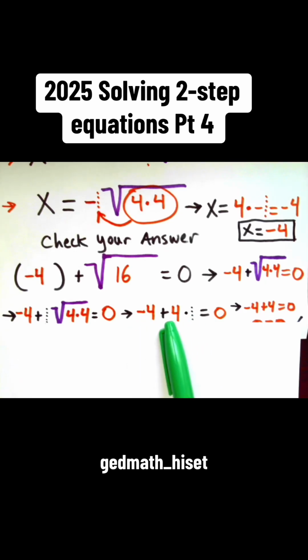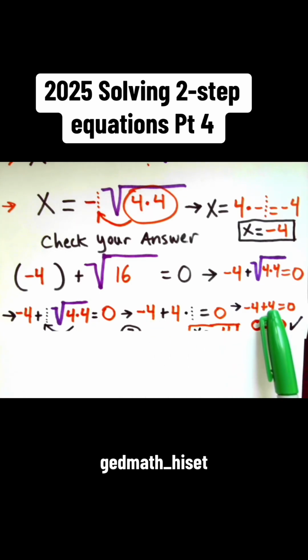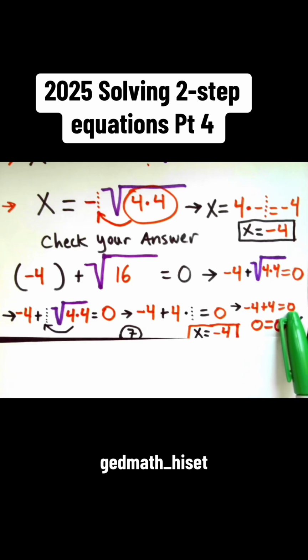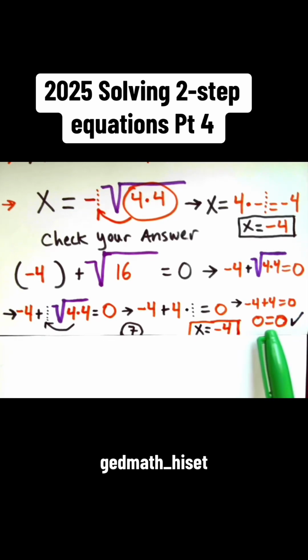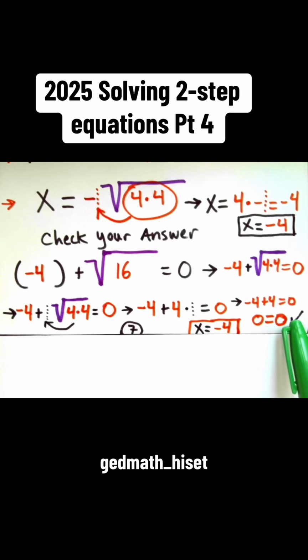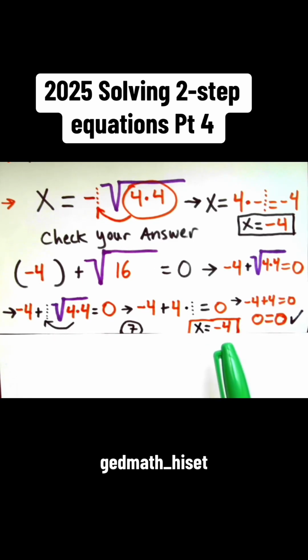So negative 4 plus a positive 4 times 1. 4 times 1 is 4. Negative 4 plus a positive 4 is 0. So 0 equals 0. That answer is true. X has got to be equal to a negative 4.